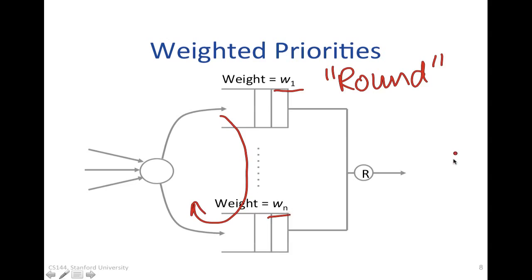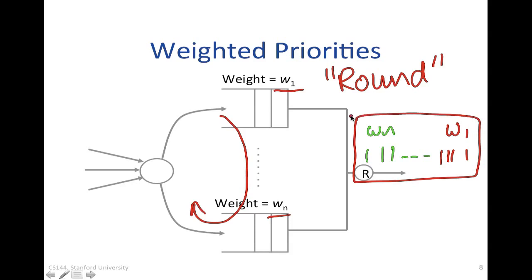So on the outgoing line, we could have w sub 1 bits from here, then all the way through to w sub n bits from this one, and all the intervening queues as well. And so this would be a round when we visited all of the queues. And you can see that the proportion that each queue has been served in that round is in proportion to the weights, which is exactly what we wanted.